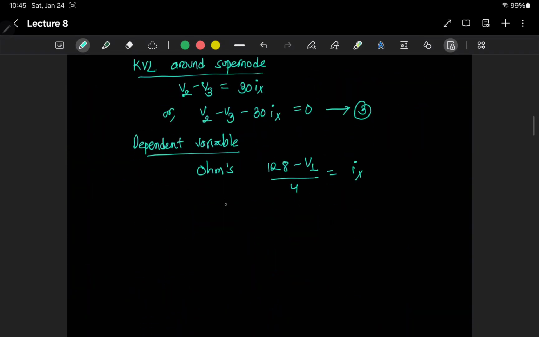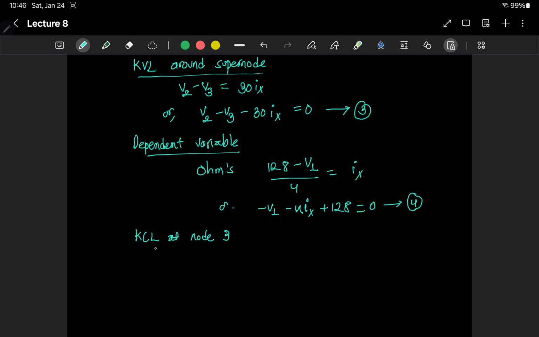And if you simplify it, you'll get minus V1 minus 4Ix plus 128 is equal to 0. That is going to be our fourth equation. And I mentioned earlier that we can get another equation by using KCL at node 4.